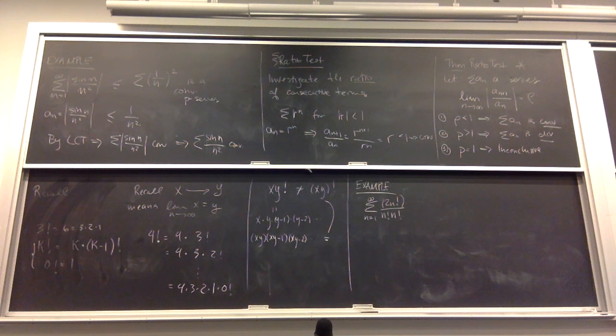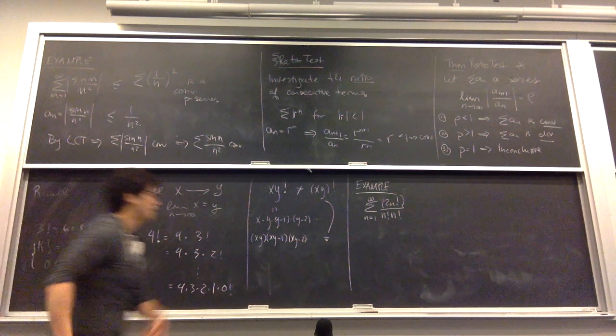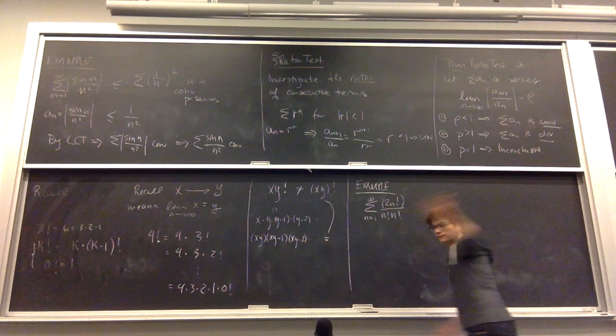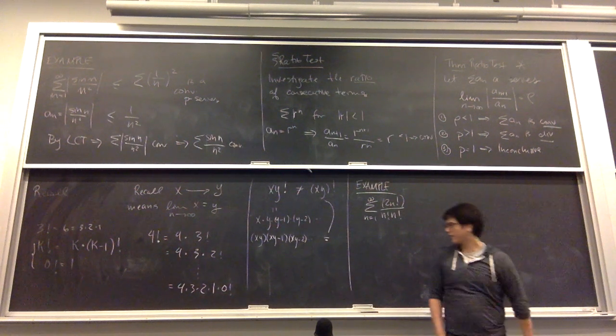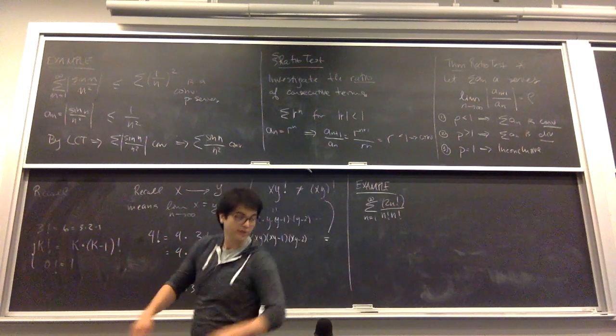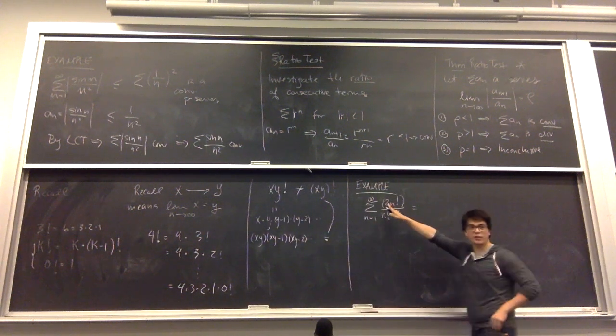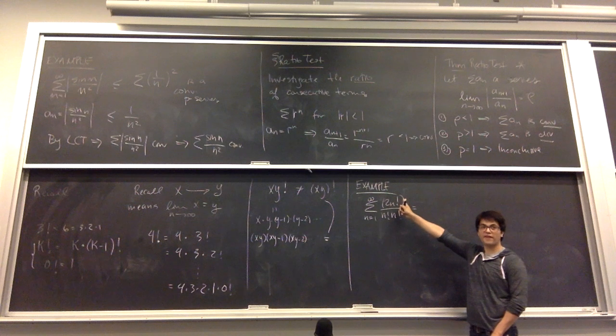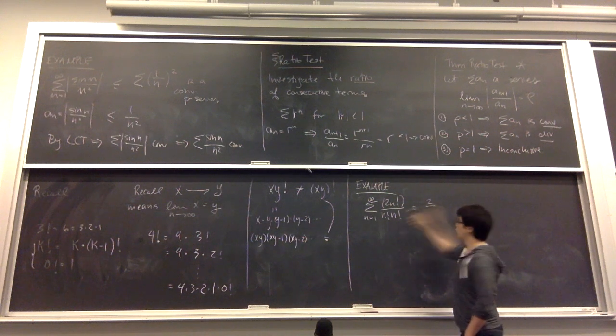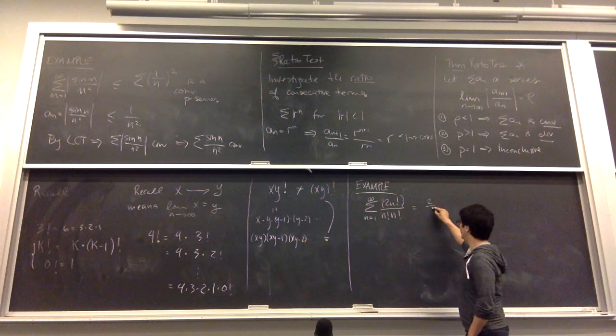Alright, left side next. Okay, what do we got? Let's just do the first 3. Here it is. Okay, so the first one is what? N is equal to 1. So that's going to be 2 times 1 factorial. That's 2. Over 1 factorial, 1 factorial. That's 1.